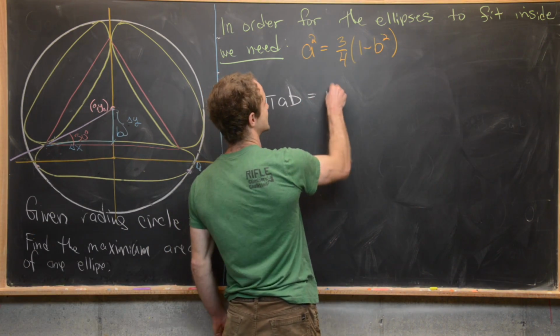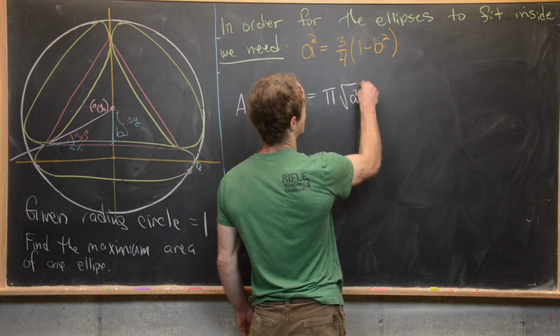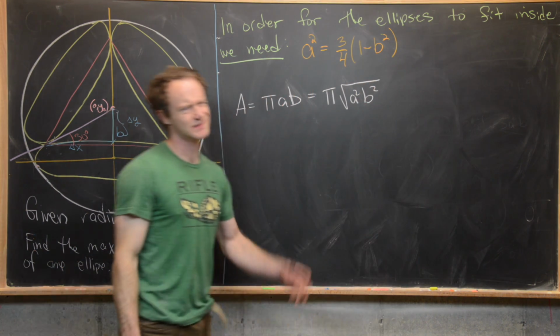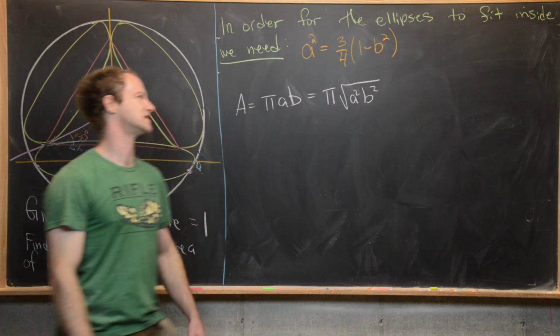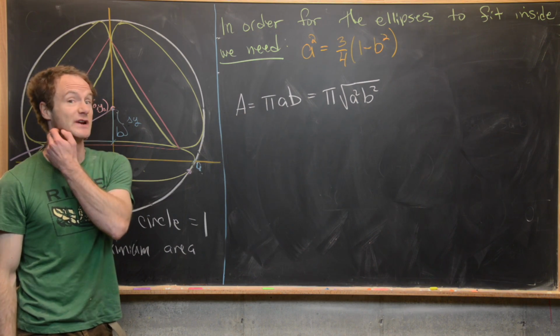So that's the same thing as pi times the square root of a squared times b squared. So that may seem not super helpful, but notice our expression here is in terms of a squared, so that is pretty helpful.